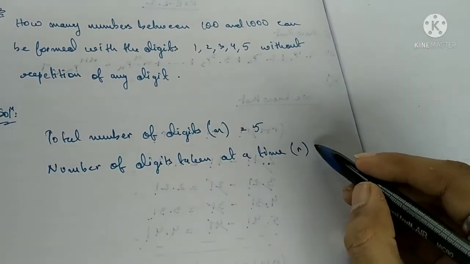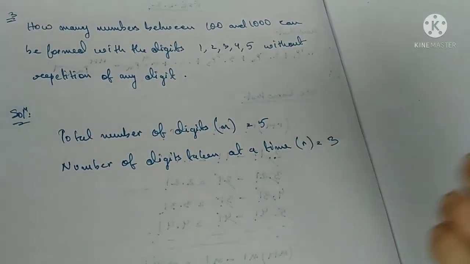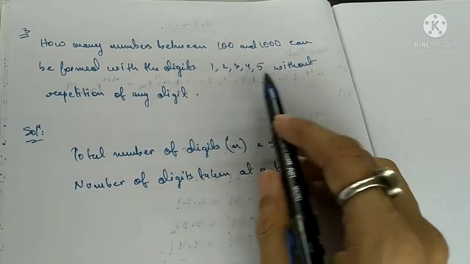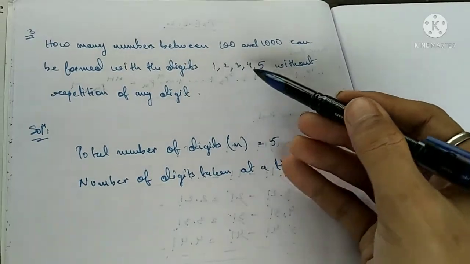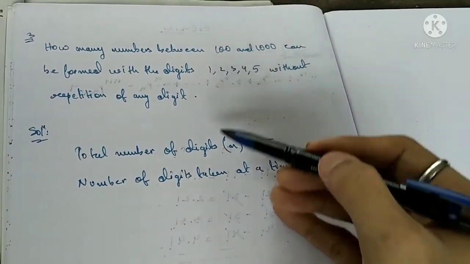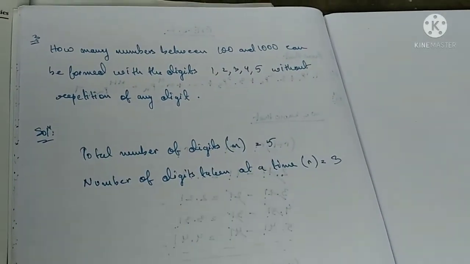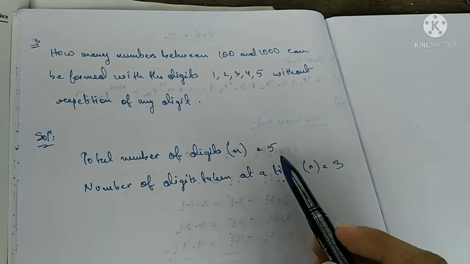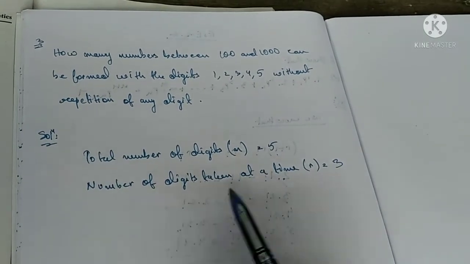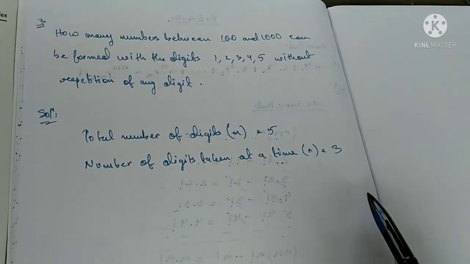It is represented by r here, and it will be 3, because I am making a 3-digit number. So out of these 5 available digits, at a time I will take only 3 digits. So the total number of digits is 5, and the number of digits taken at a time is 3.